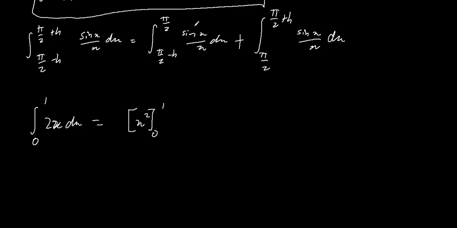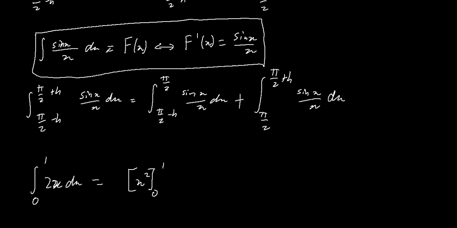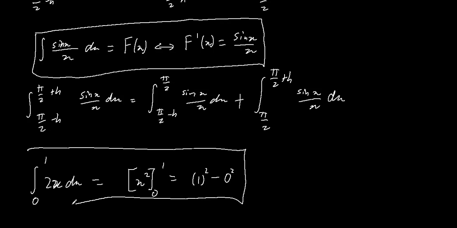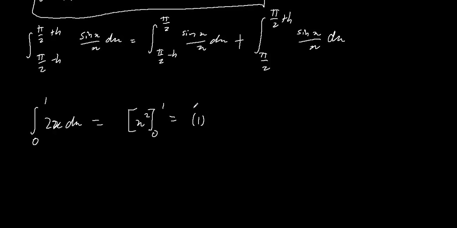In this case, we agreed that the indefinite integral is just some f of x, and then you sub in the two values, which is, in this example, 1 squared minus 0 squared. This is irrelevant, I'm just giving you an example of how definite integration works. So I'll just get rid of that for now.